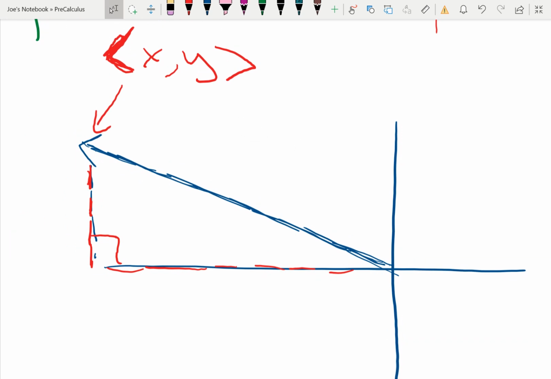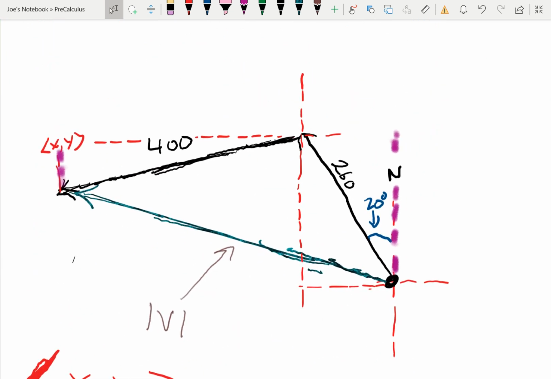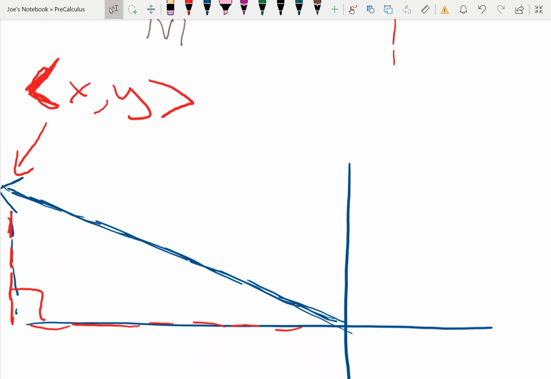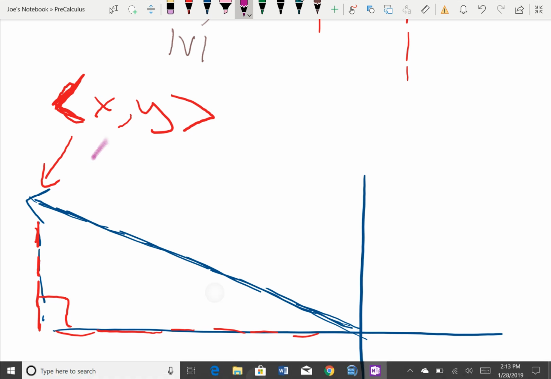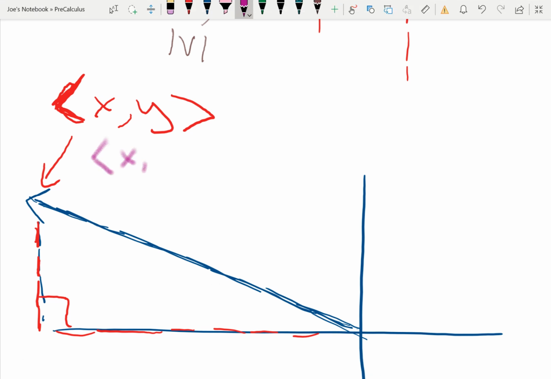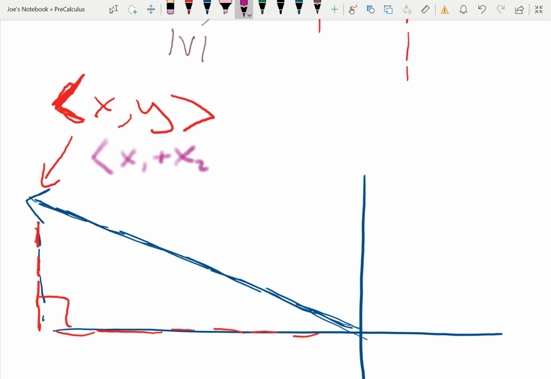Above it, because my force up is stronger than my force down. So let's go back here. To find that resultant vector, this xy is the sum of the x components, the horizontal component from the first vector plus the one from the second, comma, the y component from the first plus the y component from the second. That's all we have to do.